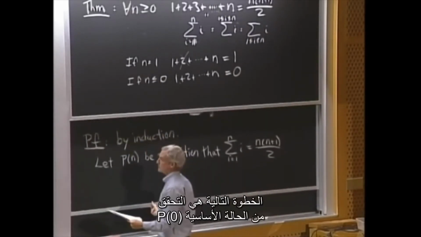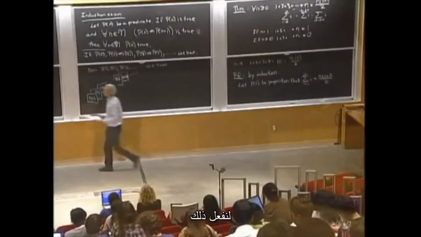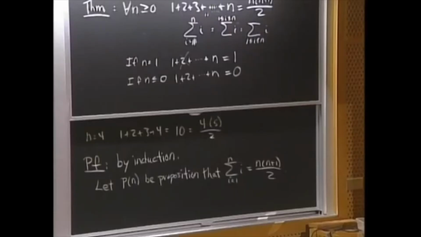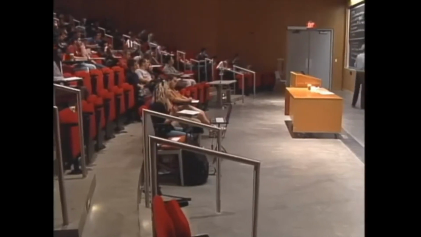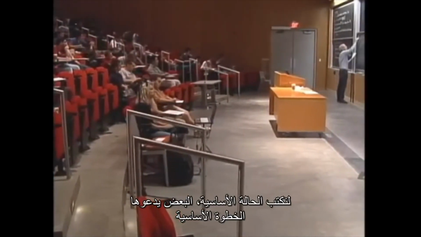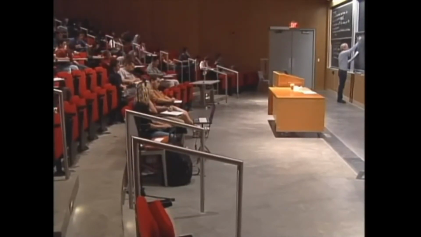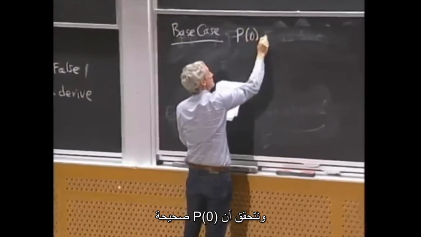The next thing to do is to check what's called the base case, P0. So let's do that. All right, so we write down base case. Some people call it the basis step. And we have to check that P0 is true.